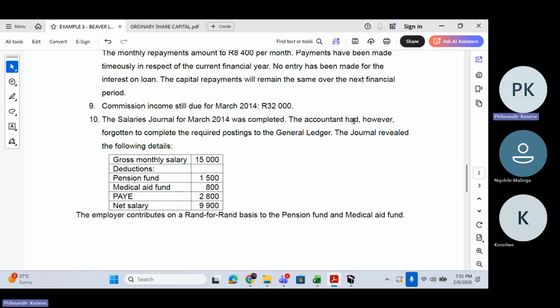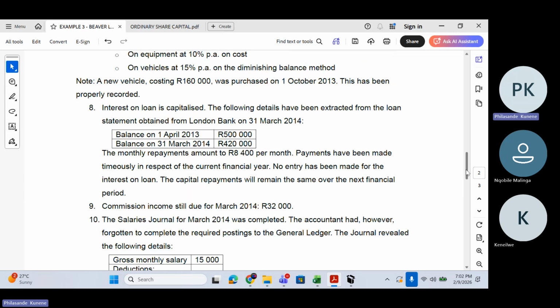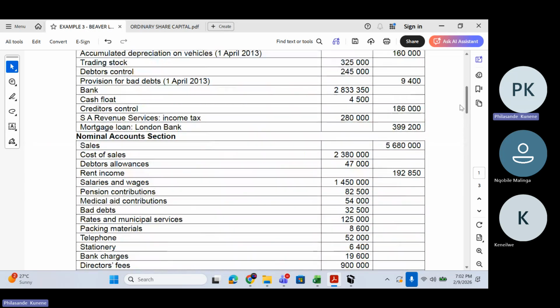They said here, the accountant had, however, forgotten to complete the required posting to the general ledger. What we said here, we said these payments, most probably we made a payment, we paid them, right? But in terms of the accounting records, it's possible that they were not subtracted from our bank account.